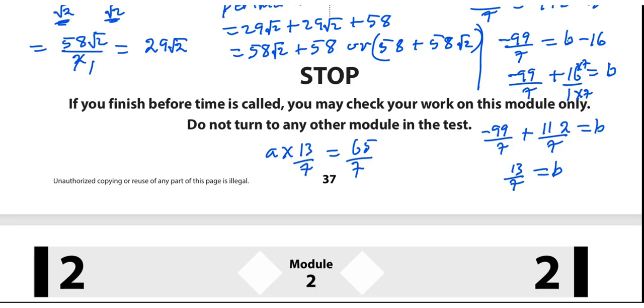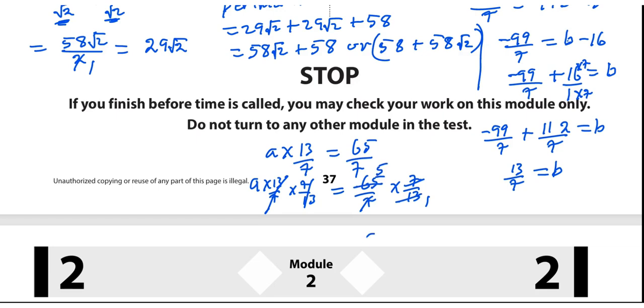Now we can cross multiply, or we can multiply both sides by 7 over 13. So this is a times 13 over 7. If we multiply this by 7 over 13, and also multiply 65 over 7 by 7 over 13, then 7 over 13 would cancel 13 over 7 from here, and 7 would cancel 7 from here, and 13 into 13 is 1, and 65 divided by 13 is 5.